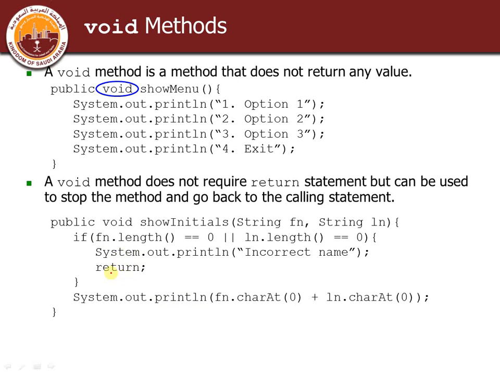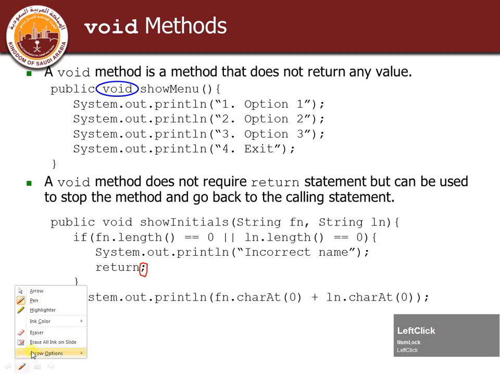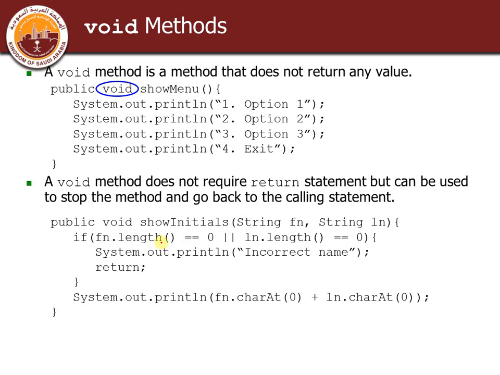Well, this is an example. For example, when I'm returning something that is nothing, actually, I'm just returning without any value. That means just stop the execution of this method. So for example, if the first name dot length is equal to 0, or the last name dot length is equal to 0, it is going to display incorrect name and stop, get out and stop.